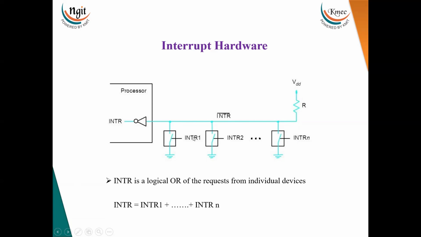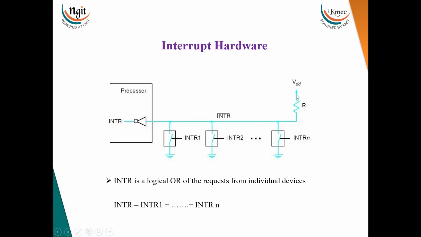Now if all the switches are open, means what? No input device is requesting the processor for service, which means the interrupt signal is not generated. If all switches are open, whatever the VDD supply provides is considered a logic 1.